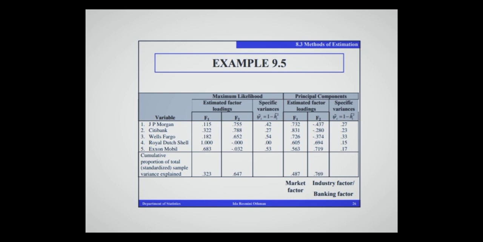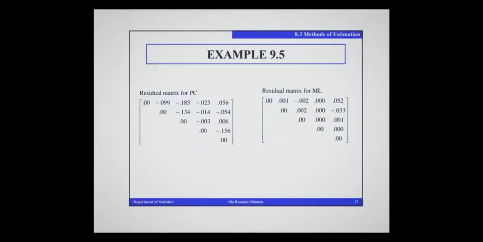Example 9.5 ni. So once we have estimated the value of loading dan juga specific variance, we can find the value of residual matrix. The formula is, remember from the previous lesson, R minus L, matrix of factor loading, multiply the transpose of the factor loading matrix, L multiply L transpose, minus dengan specific variance.